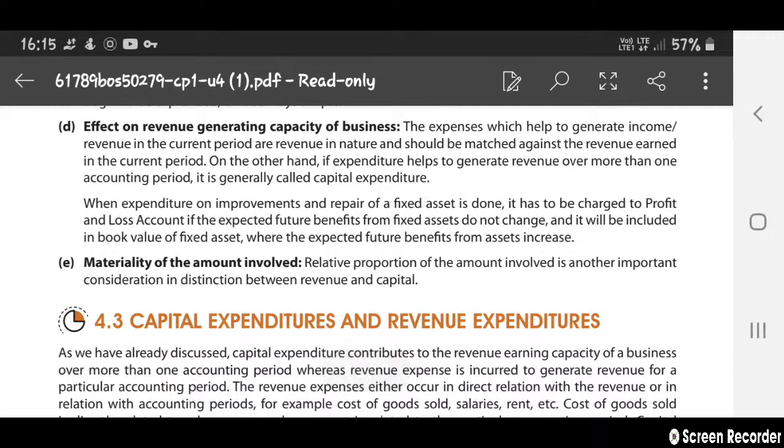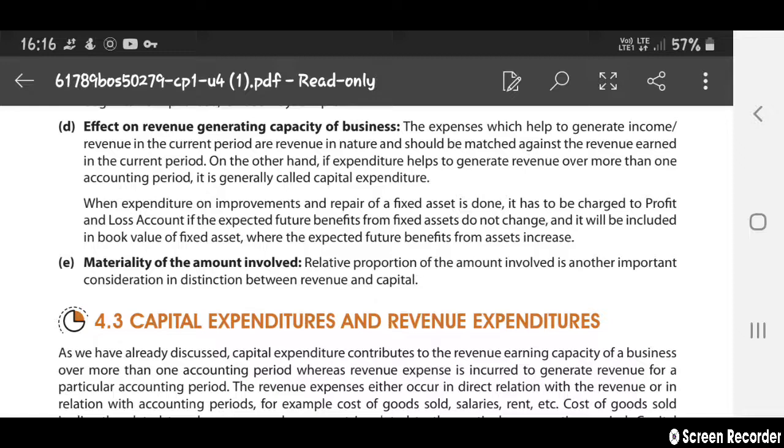Next, the effect on the revenue generating capacity of the business. The expenses that help to generate revenue in the current period are revenue in nature, and they should be matched against the revenue earned in that current period.